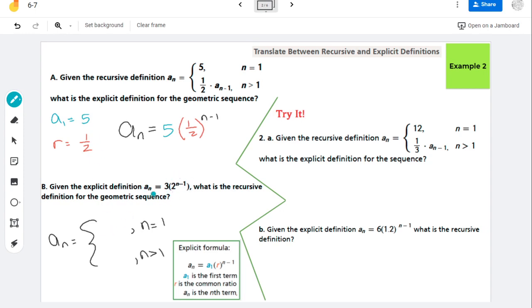So when I look at this explicit definition, that would be my 3. Now the second part, remember you take your common ratio, which in this case is the number with the exponent, so 2, and you multiply that times a sub n minus 1.